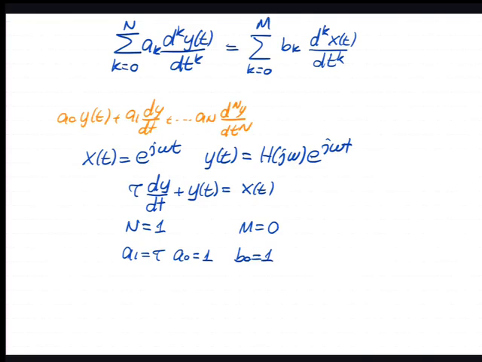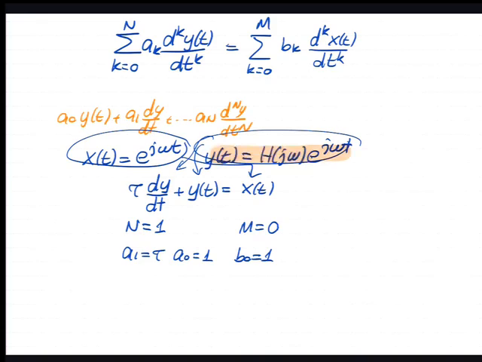So if I just substitute this for x and substitute that for y in the equation, then I should be able to pull out an expression for h of j omega. So let's do that. Tau dy dt means I take the derivative. What is the derivative of this with respect to time?